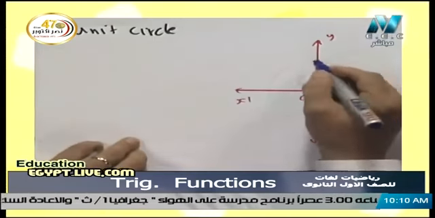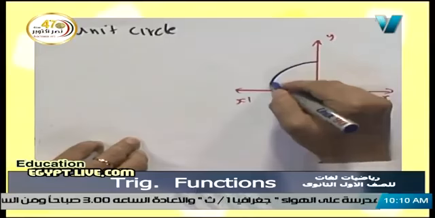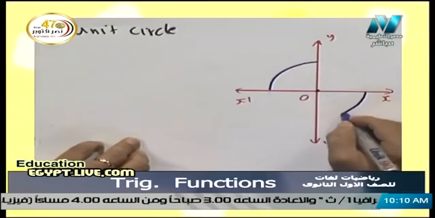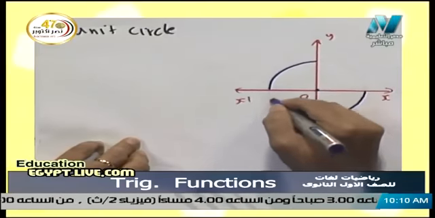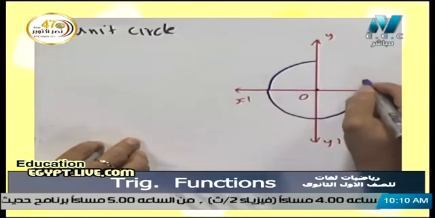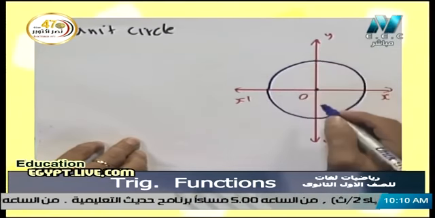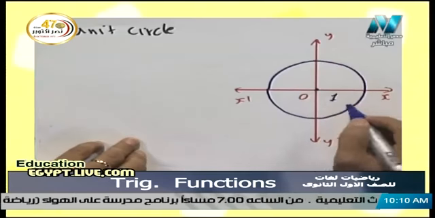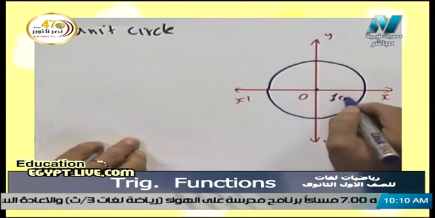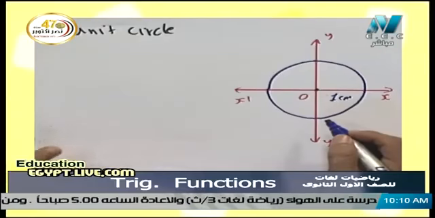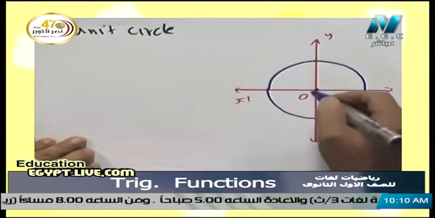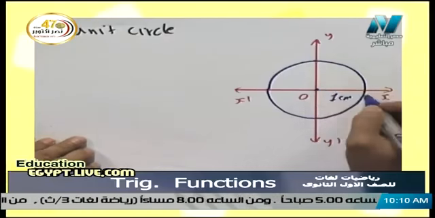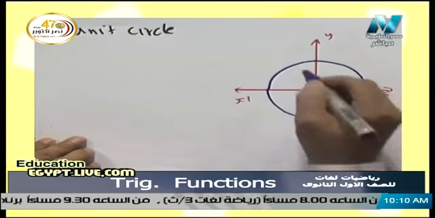Let me clarify it for you. We have a unit circle. That means that OX here is 1. 1 centimeter, 1 meter, 1 kilometer, it's 1 finally. And of course, here we can say OA.